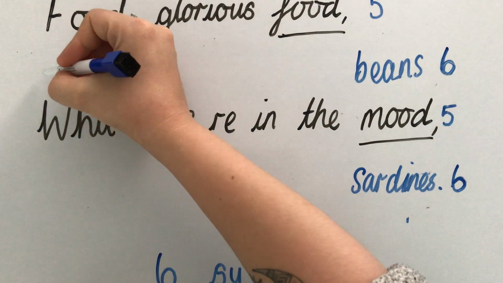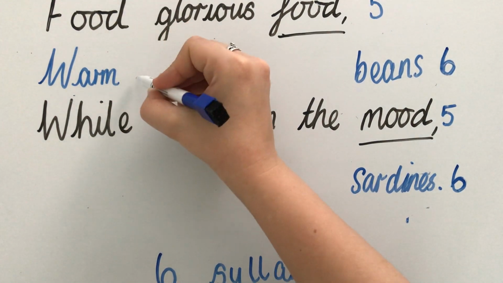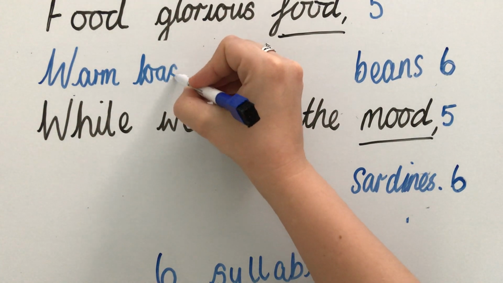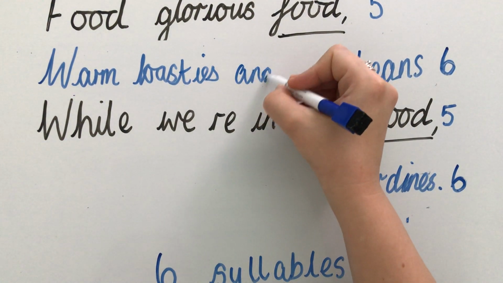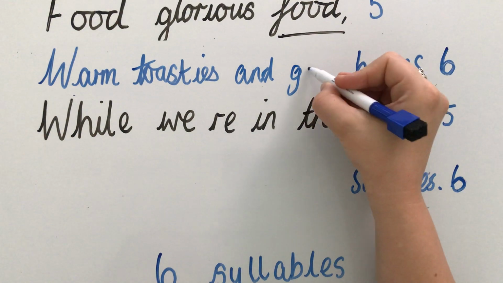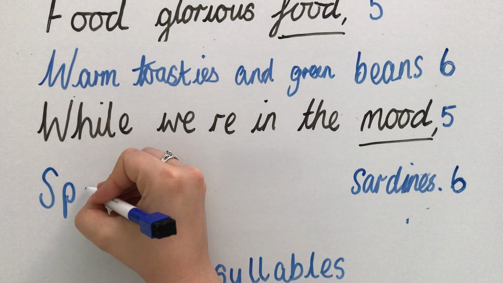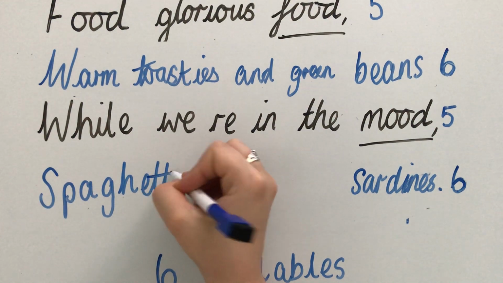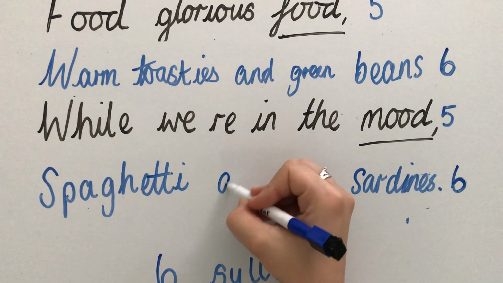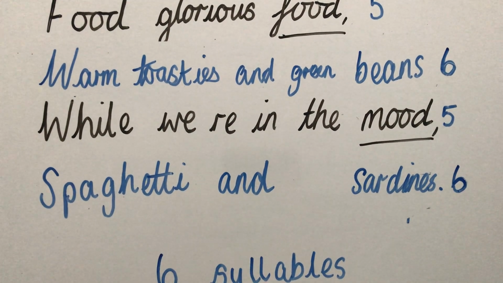And I've come up with these 2 lines. So my lines say, warm toasties and green beans, spaghetti and sardines.